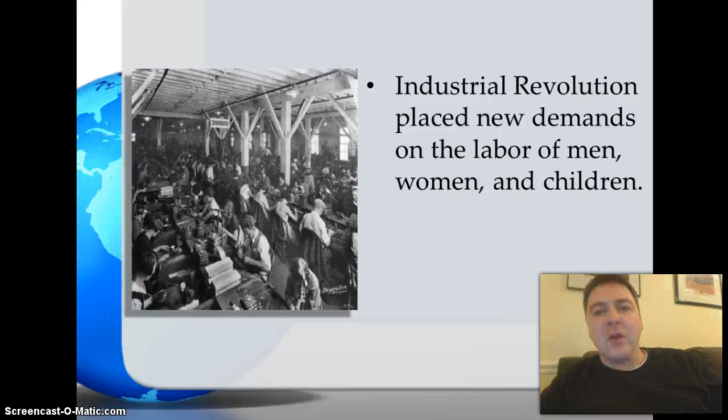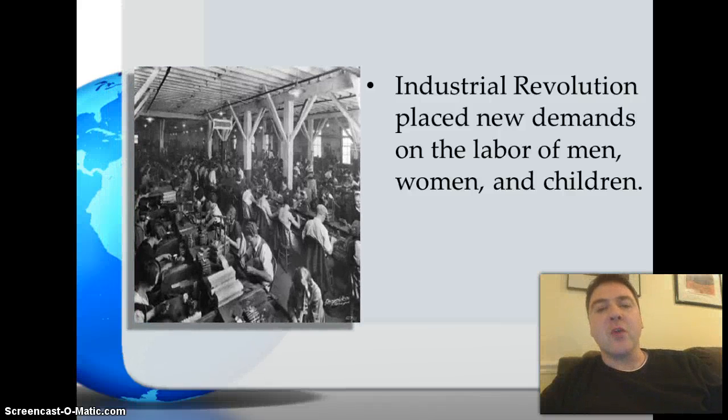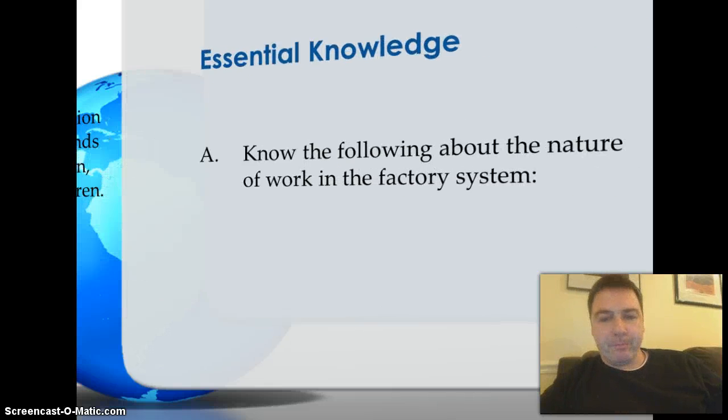As a result, it is going to place new demands on the labor of men, women, and children. Things that weren't demanded of people back in the agricultural economy are now going to be demanded of them in this new industrial economy.